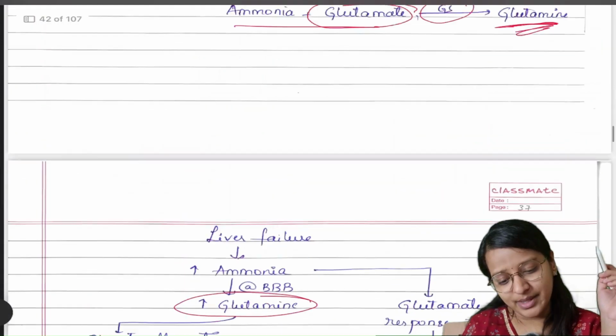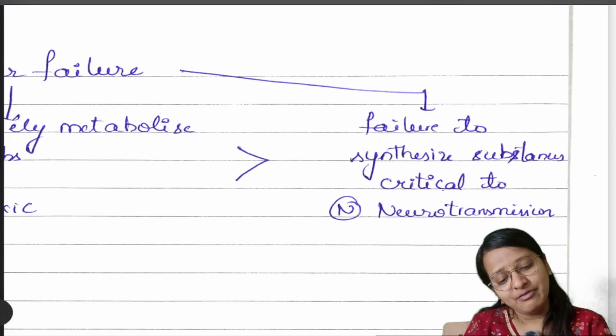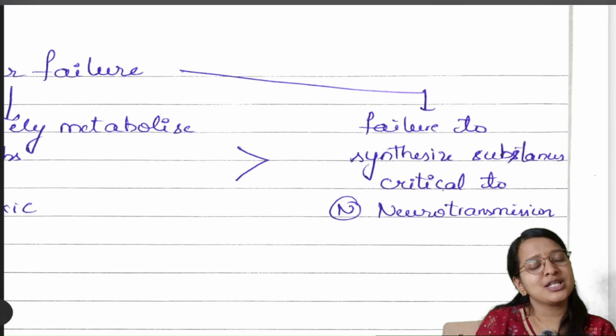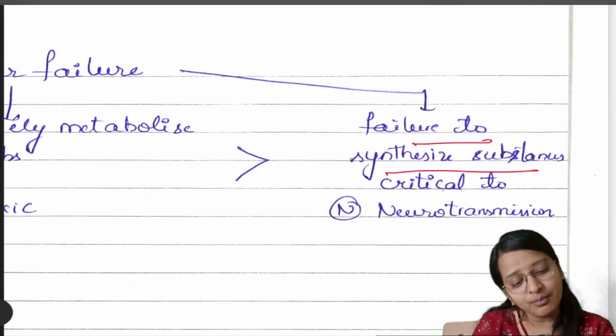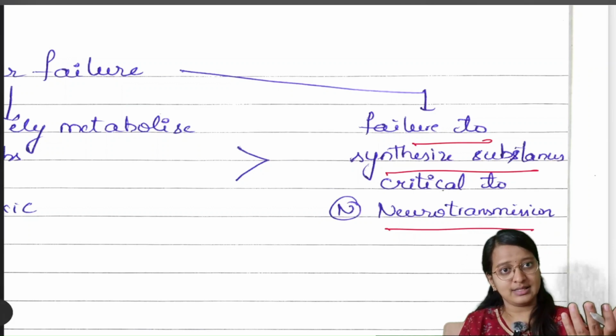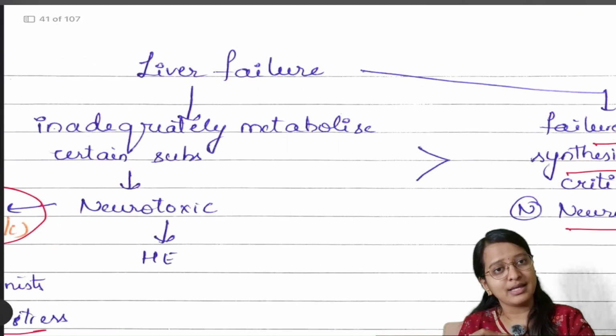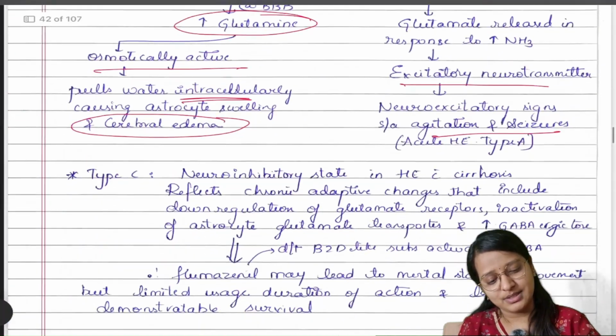And apart from this, there might be another reason: in liver failure, there will be failure to synthesize substances which are critical for normal neurotransmission. So certain substances are not being synthesized and certain substances are not being metabolized. Both these are the reasons for your CNS symptoms.